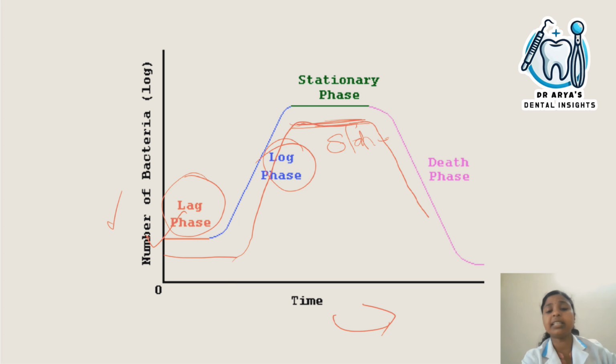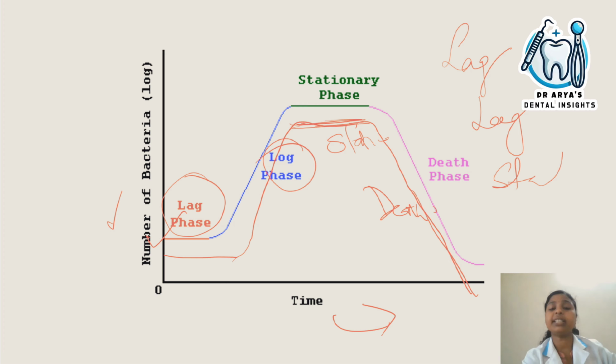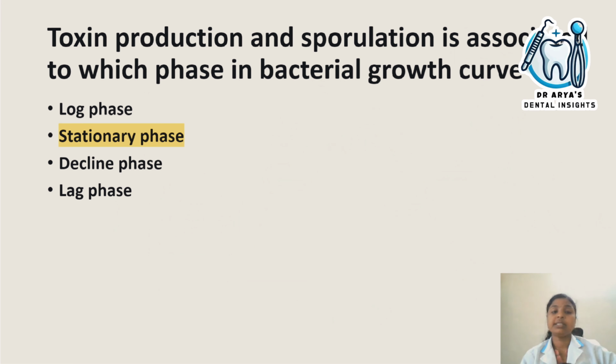And finally the death phase, which is a declining phase. So these are the various phases: lag phase, log phase, stationary phase, and death phase. So toxin production and sporulation is associated with the stationary phase of the bacterial growth curve.